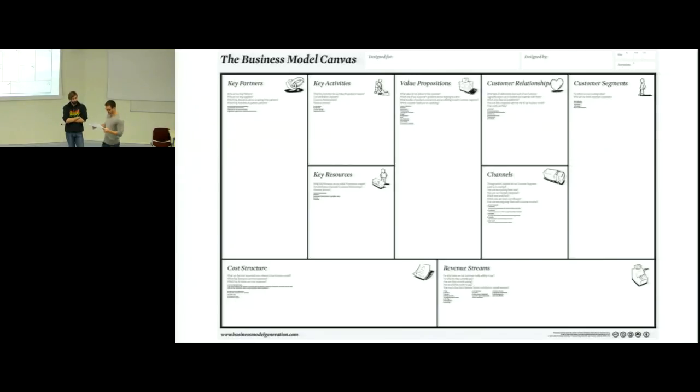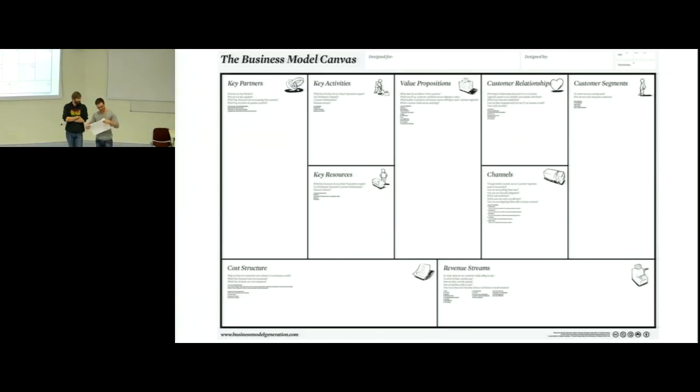The key resources are the coffee shop and the bakery. The bakery for the muffins. We couldn't come up with something better. The cost structure is coffee machines, transport, and coffee beans.